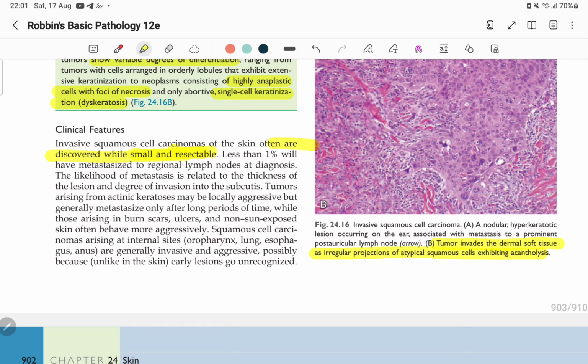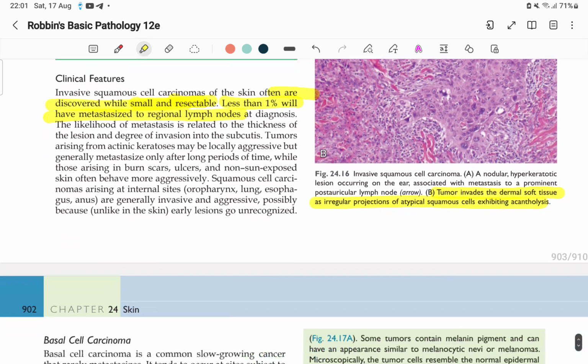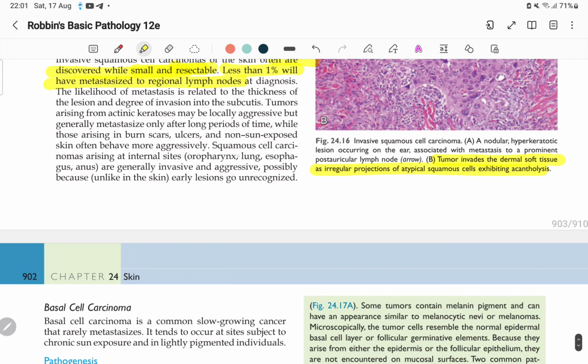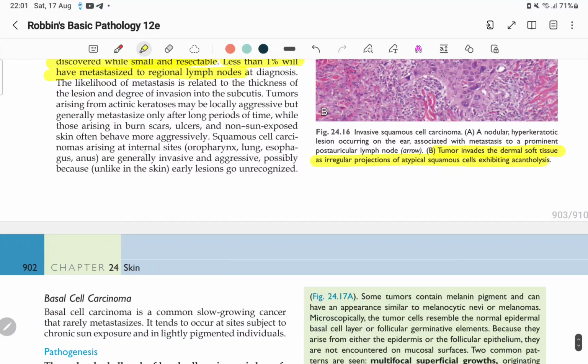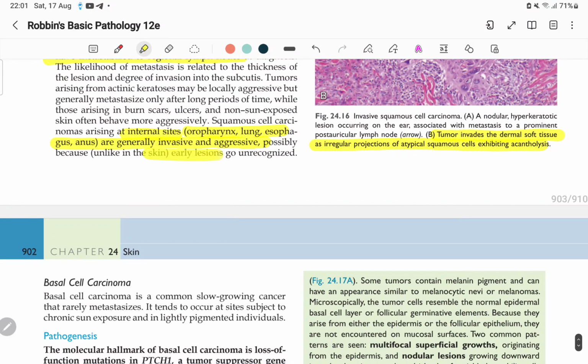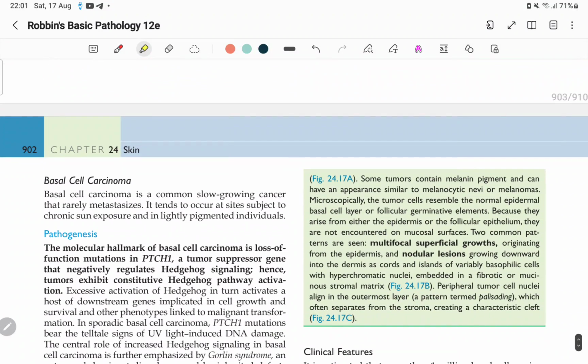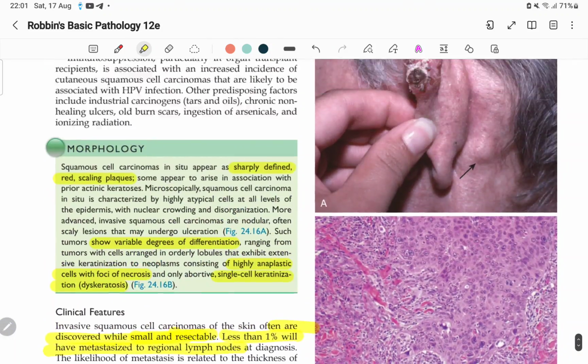Less than 1% will metastasize to regional lymph nodes. Squamous cell carcinomas arising at internal sites like oropharynx, lung, esophagus and anus are generally invasive and aggressive, but in skin they are not of much importance.